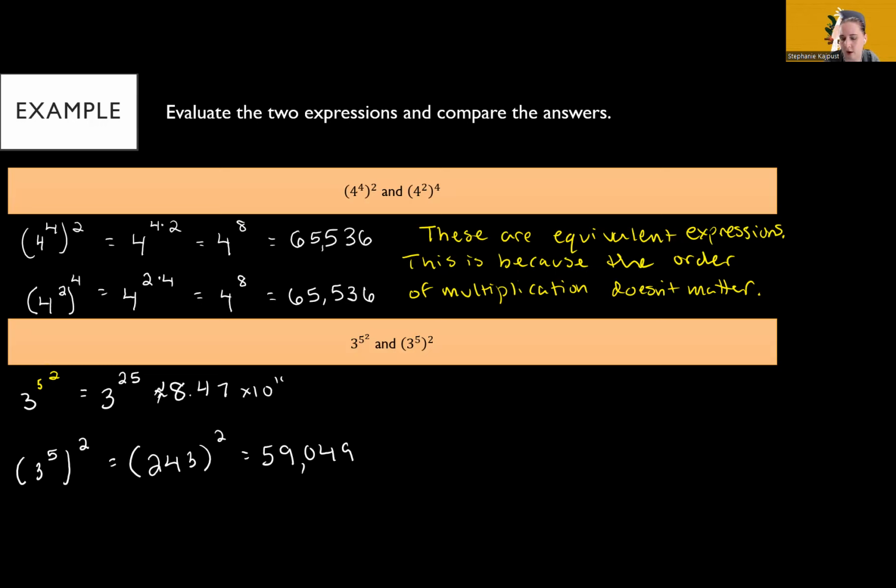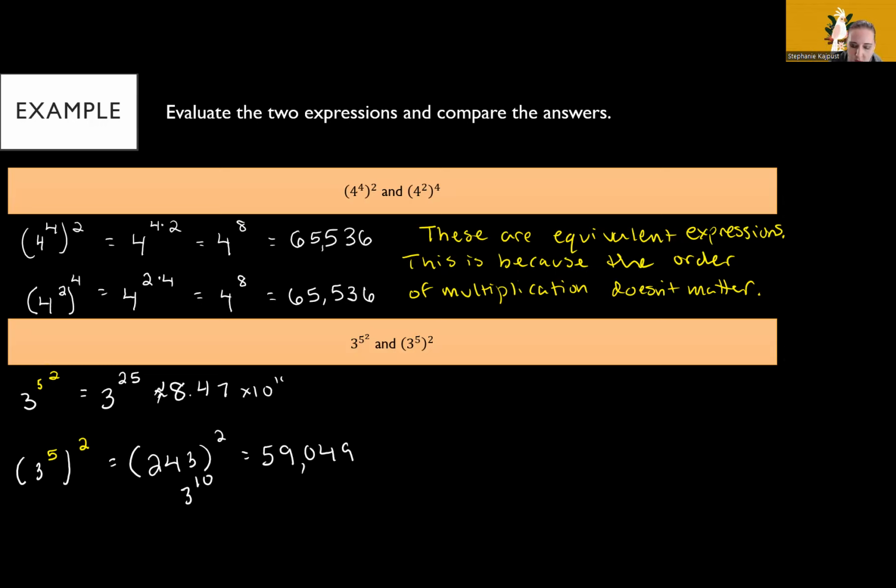And the power rule would say that this is 3 to the 10 if you want to compare, because the power rule says that you multiply these exponents first. So it does 5 times 2, which would give you 10, and then you do 3 to the 10. So we get different answers here based off of order of operations, because one has parentheses and one doesn't.